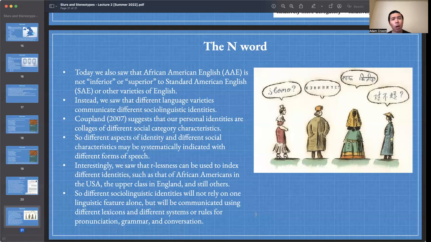Okay. So again, we saw in this lecture that AAE, SAE, this is not about superior or inferior intellect, but about communicating group membership in different groups. And we even saw that certain upper class, highly intelligent groups will be R-less.